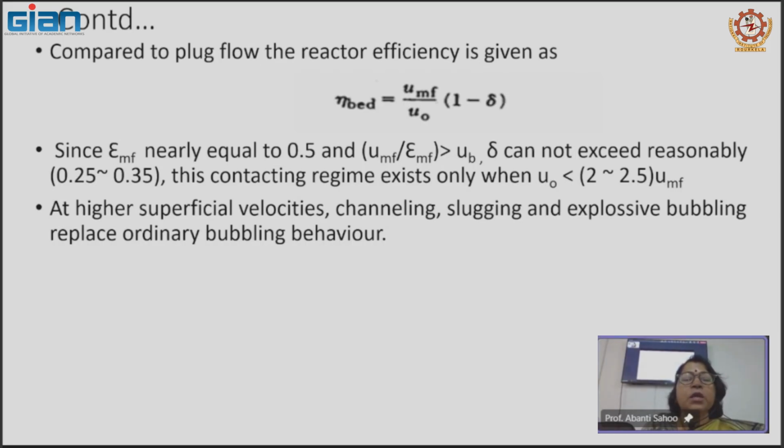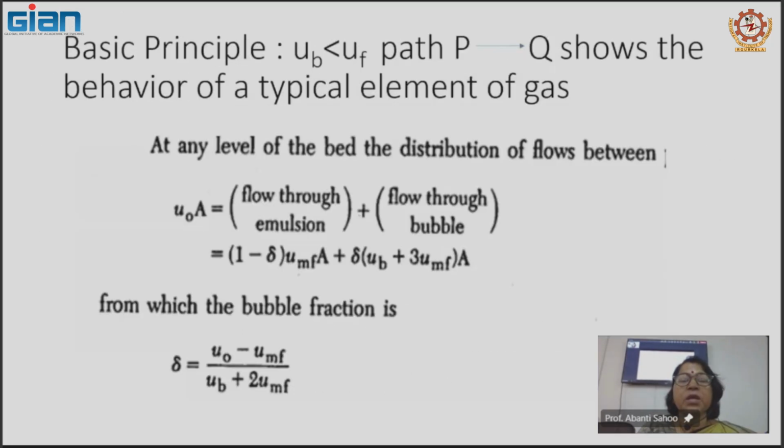So, here with epsilon MF we can calculate delta; it cannot exceed with these conditions. Substituting again the bubble velocity ub, if we take it as nearly 2 times u0, it will be 4 UMF. So, here it will be UMF by 4 times UMF. So, thus it will be 1 by 4, that is 0.25.